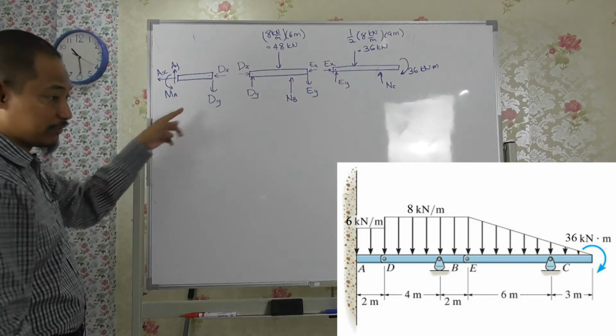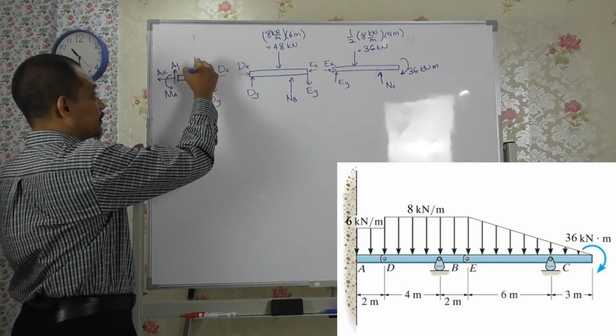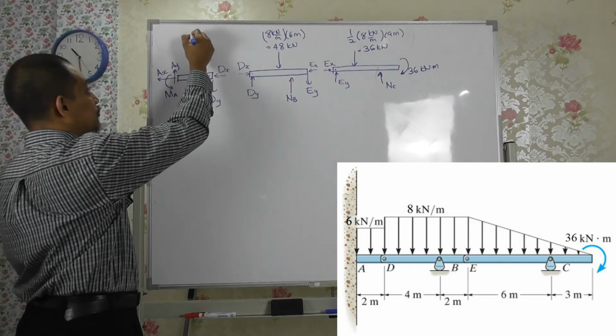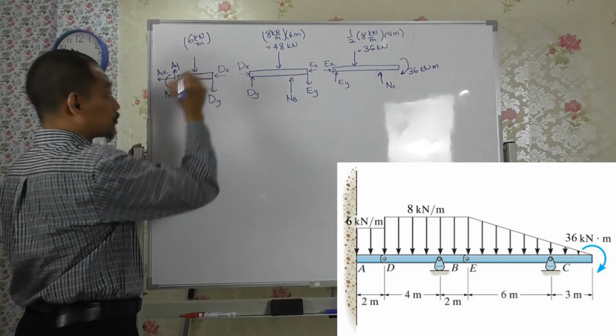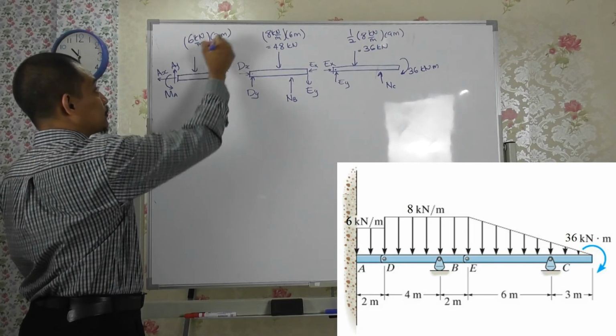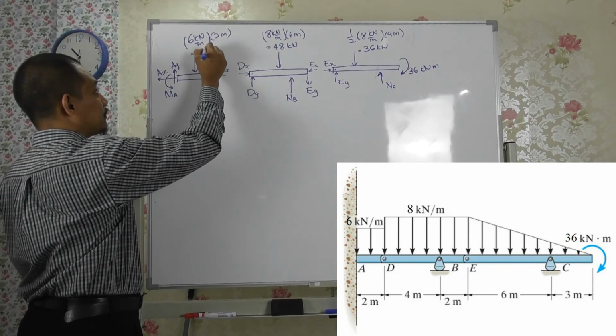So here you also have distributed loading, so it should be at the middle here. So 6 kilonewton per meter times 2 meter. So it is 12 kilonewton.